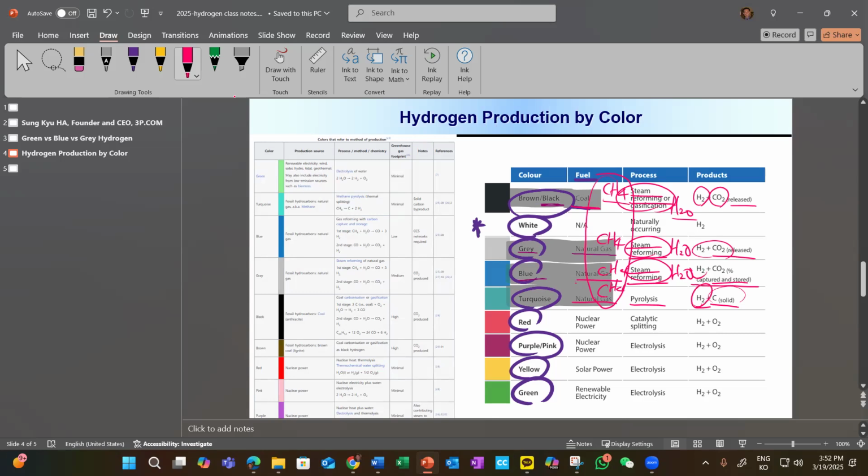So as you can see, we get all the H2, but CO2 is not a desired material, so we don't want CO2, and the CO2 is captured. This is relatively better than other methodologies. And the other four is the gray.